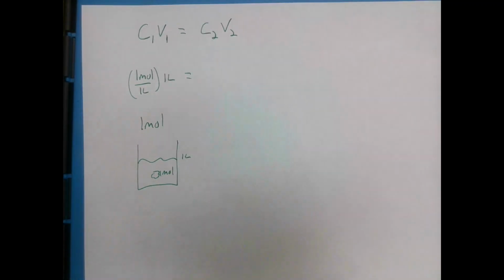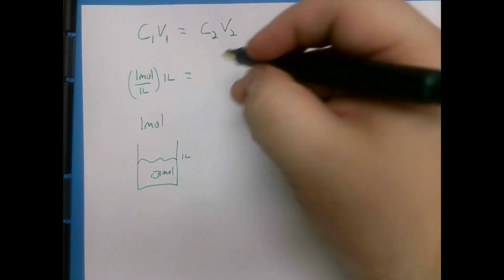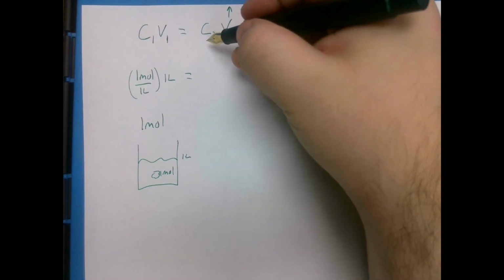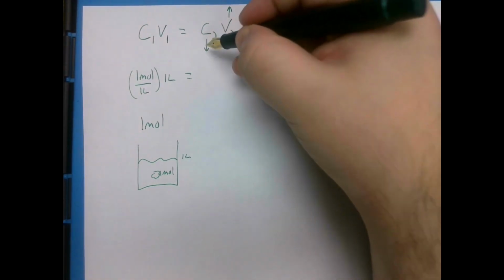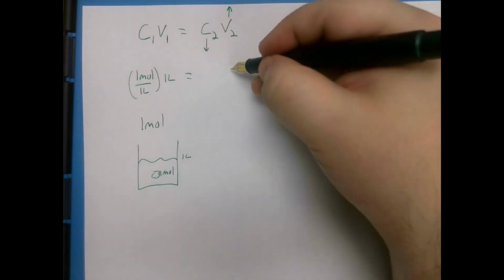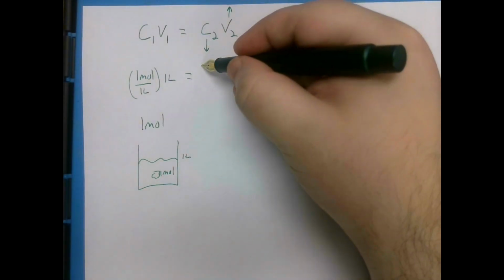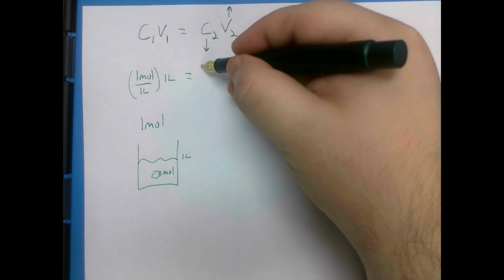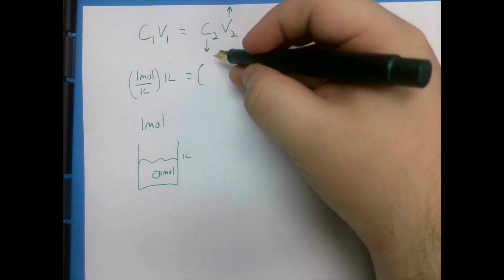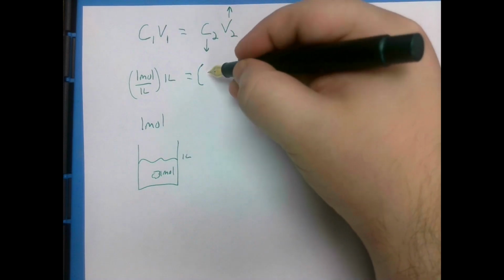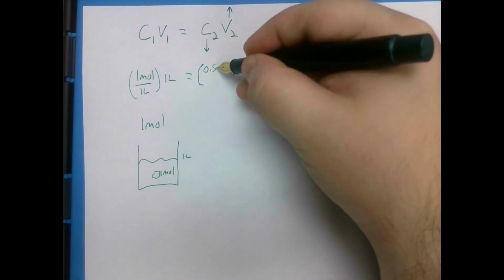Let's say I double my number of liters. So my volume is going to go up. That means my concentration must go down. So I've increased it to 2 liters. So I've doubled my volume. That means my concentration is now going to be 1 mole per 2 liters, or a half a mole per liter.